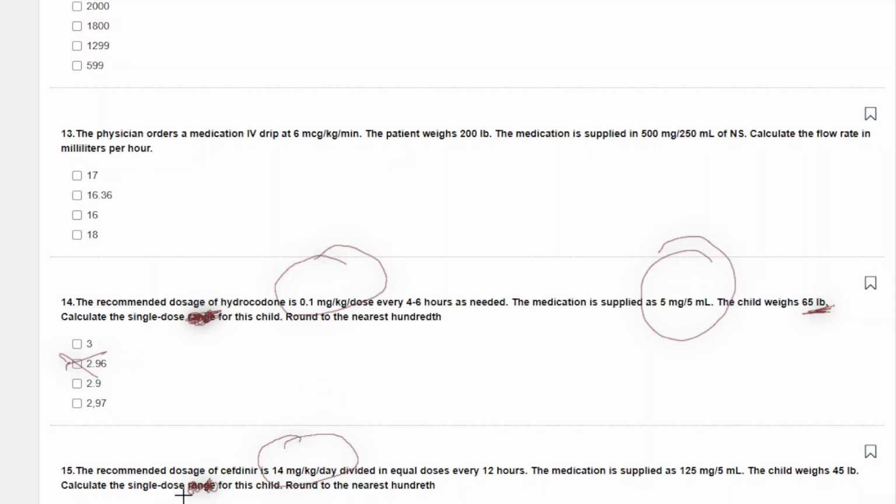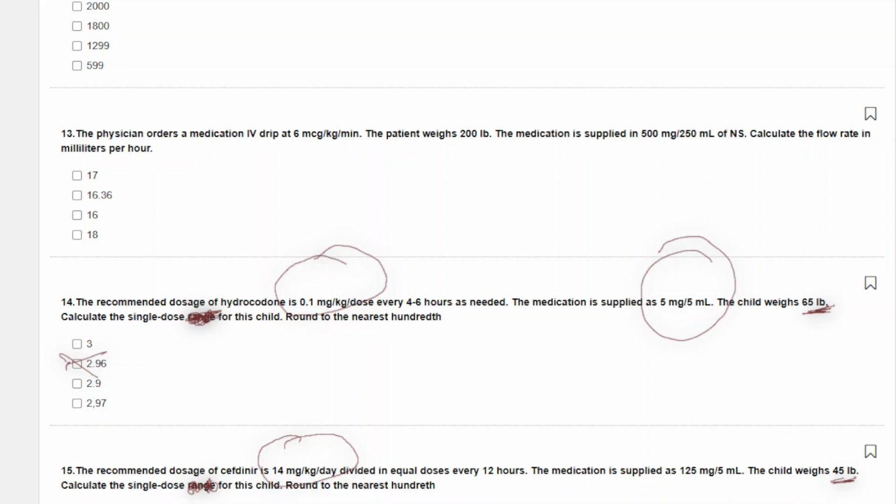Since we are looking for a single dose, once you have that, you have to divide it by whatever is telling you there so you can give it. Because that one is a daily dose. You cannot give that daily dose at one time. No. So we have to find the weight. It's 45 pounds. Let's go down there.